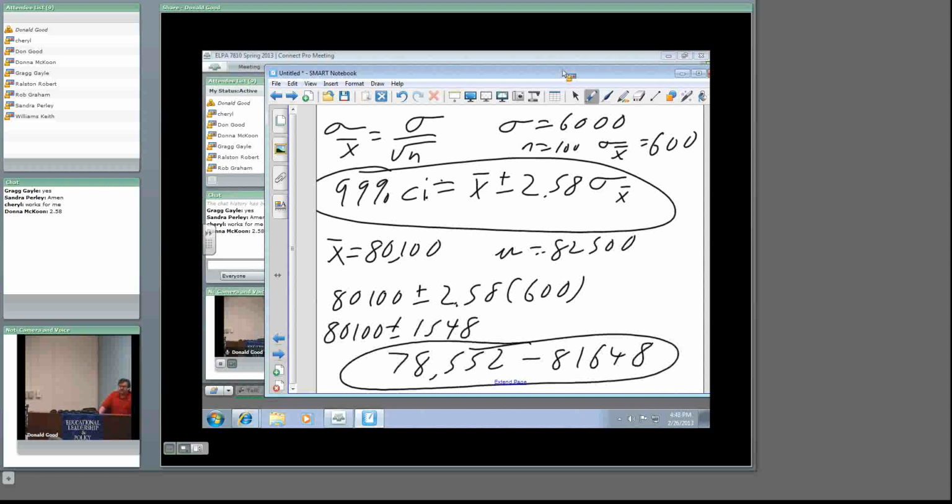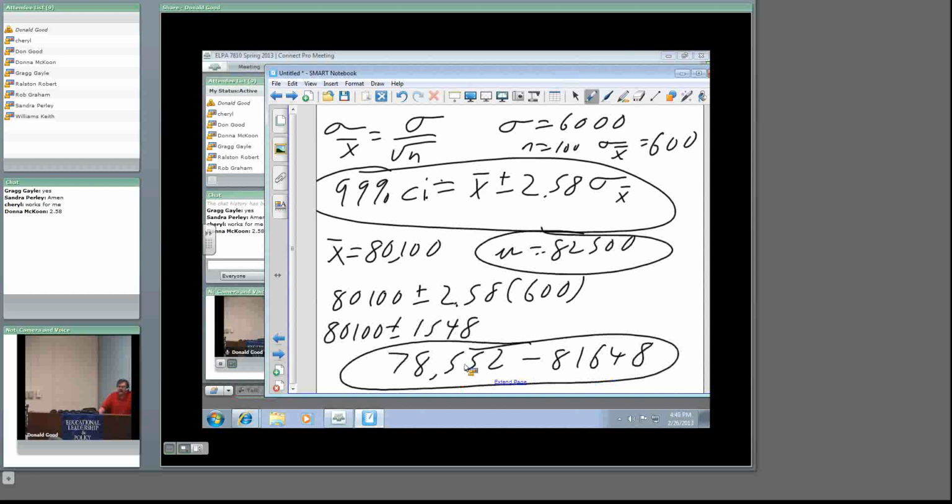But that gives us a range of where it's likely to be, and that range is our confidence interval. So the 80,100 is probably somewhere between about 78.5 and 81.5. But compare that with the 82.5. Does my confidence interval, maybe this is a good way to say it, touch the population average? And the answer is no.